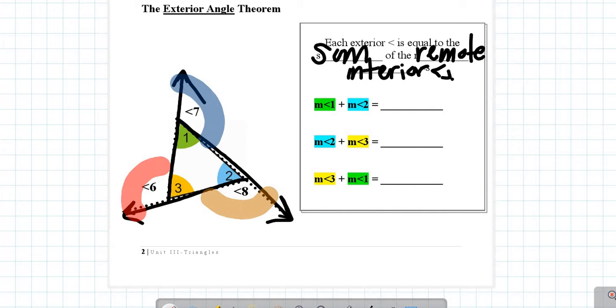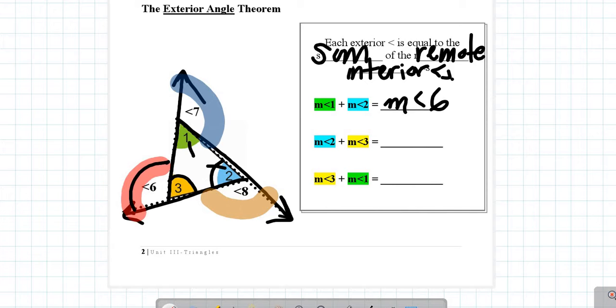And what this principle says is if angle 6 is exterior, the two angles that are far away but still inside the triangle, that'd be angles 1 and 2, add up to angle 6. So angles 1 and 2, these remote interior angles, add up to the measure of angle 6.